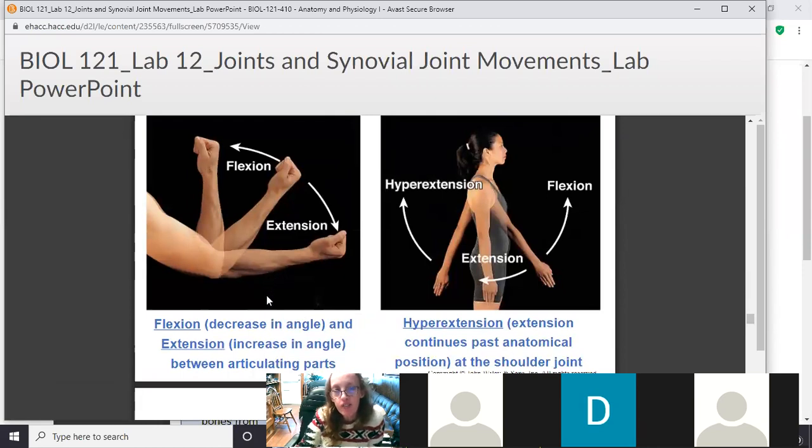Flexion, extension. Flexion meaning decreasing the angle, extension increasing the angle. Hyperextension, taking it beyond that angle, past the anatomical position.